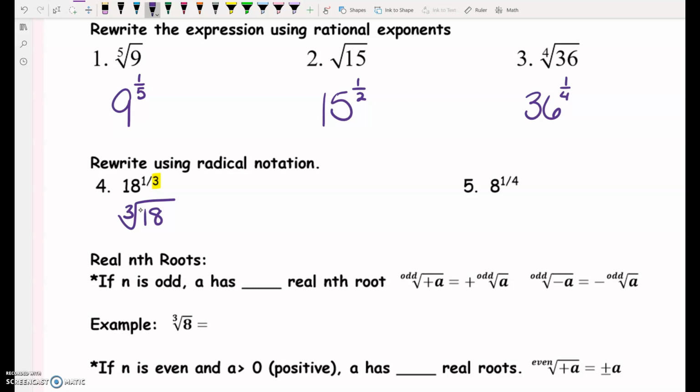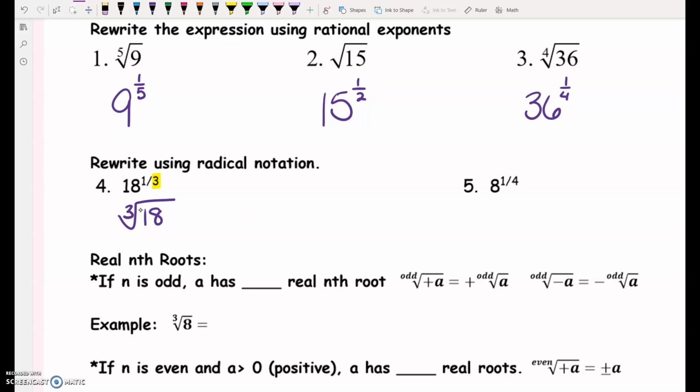Some people like to write the square root symbol and then put the 3 in there. I tend to write the number and then put the check marky thing around it so that that 3 is nicely tucked into the square root. The thing that you do not want to do is write it like this, because that looks like 3 times the square root of 18, which is completely different from the cube root of 18.